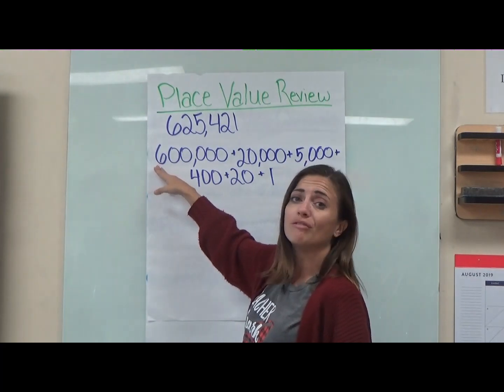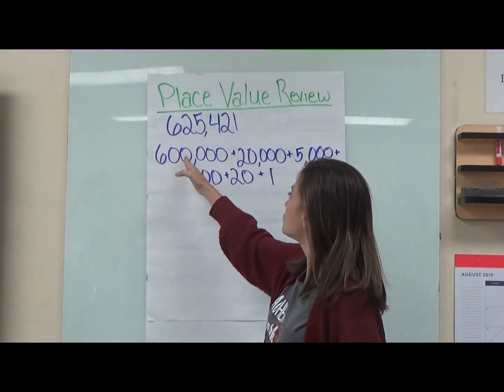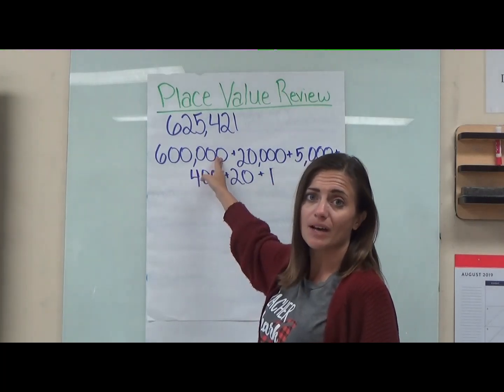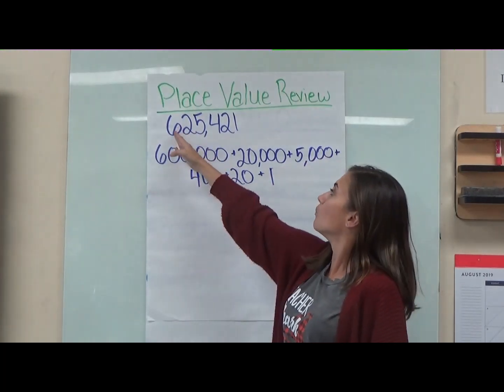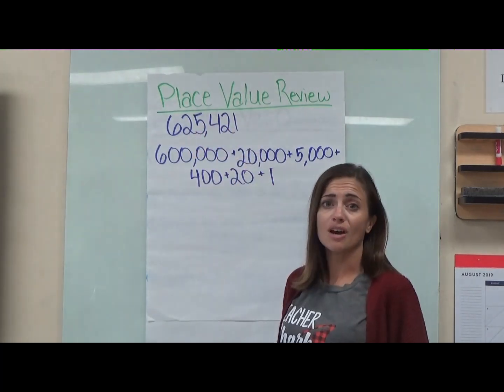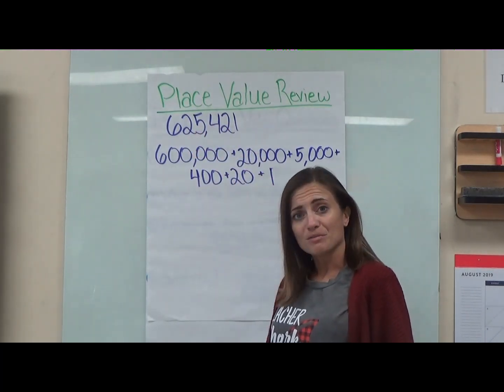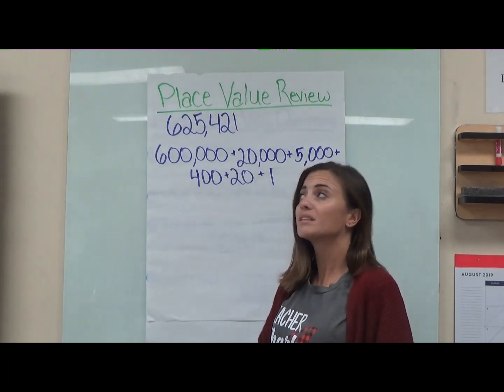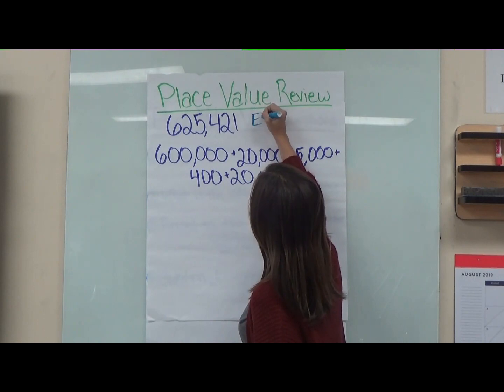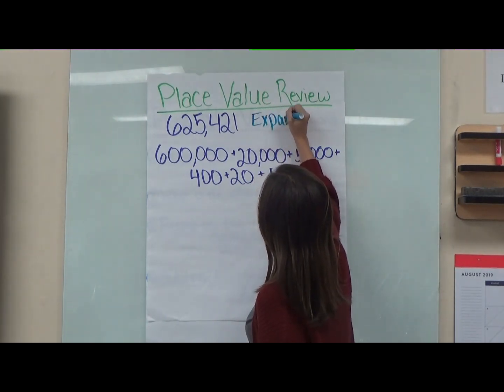That means there should be 5 zeros behind it. 1, 2, 3, 4, 5. And that should match up with the number of place values in my original number. 1, 2, 3, 4, 5. So we have the right number of zeros. We're representing the right amount. To refresh your memory, this is called our expanded form.